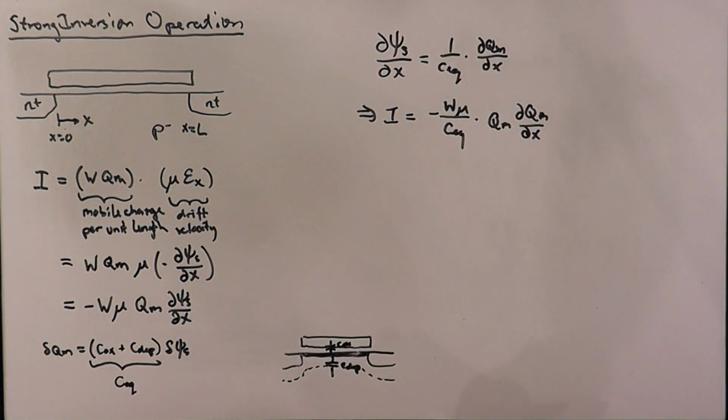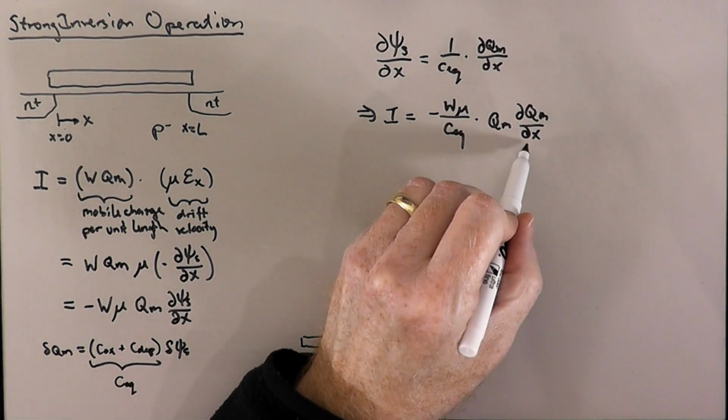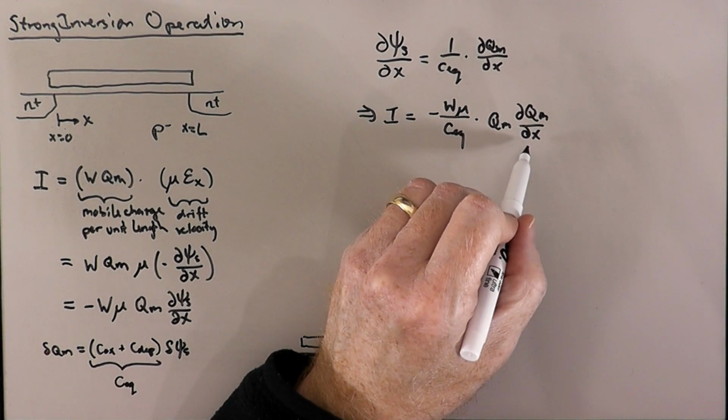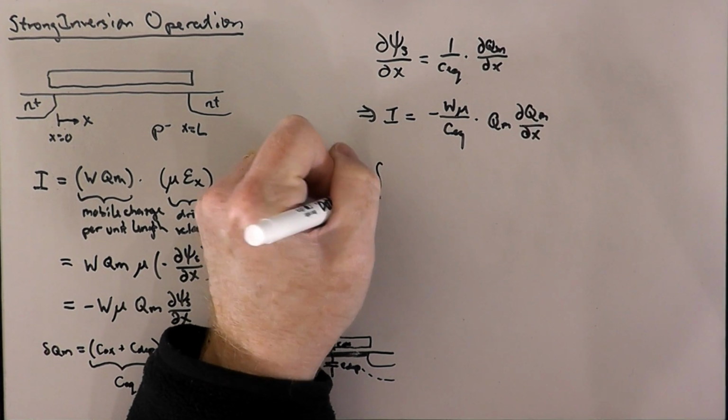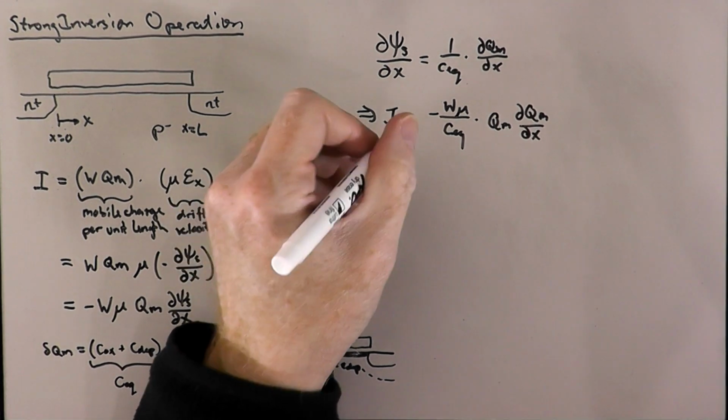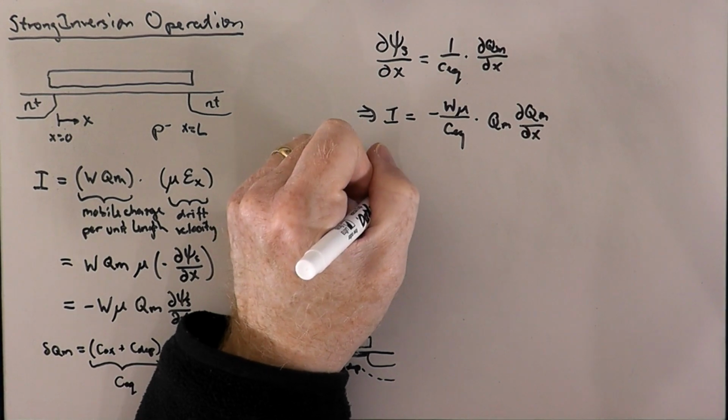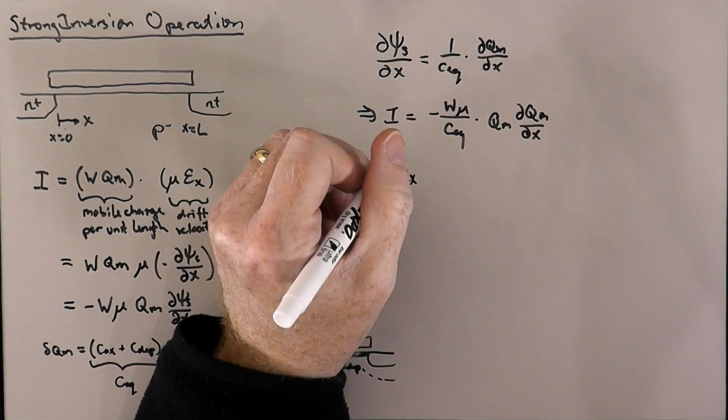So now to get rid of this derivative with respect to x, we're going to integrate both sides of this equation. Integral from 0 to L, from source to drain, of I dx on the left-hand side.